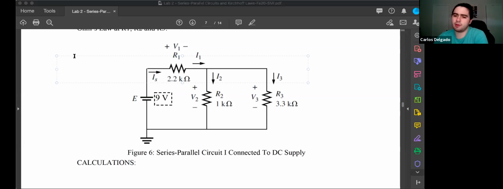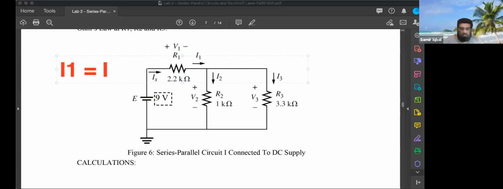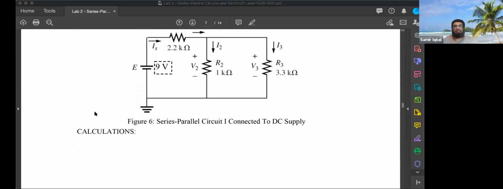Will it be I1 equals I2 plus I3? All right, very good, that's correct. That's a very simple thing that Carlos said, right? Yeah, fantastic. So these are things you need to know while you're doing this, at least in this lab. Of course, things are going to get more involved.